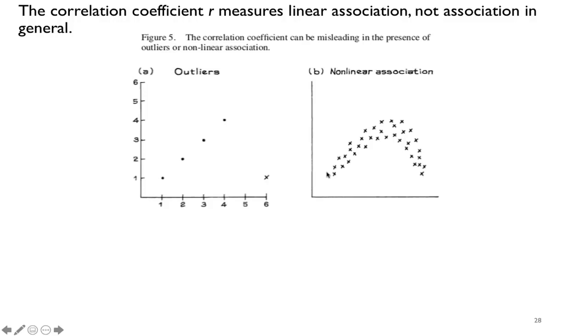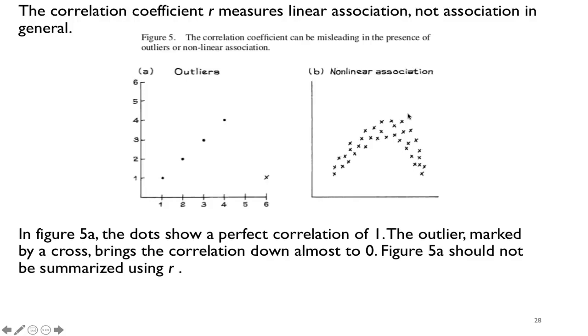Same thing here. This seems to have an association, but it's not a linear association. It follows some kind of maybe a parabola, so this is a non-linear association. There is an association between the two variables, but it's not a linear one. So if you try to find the correlation coefficient here, it can be misleading.